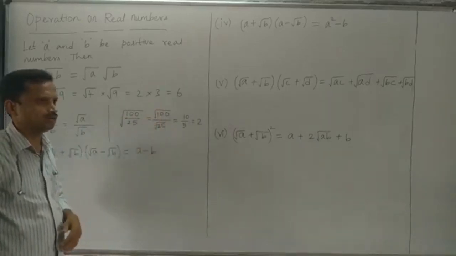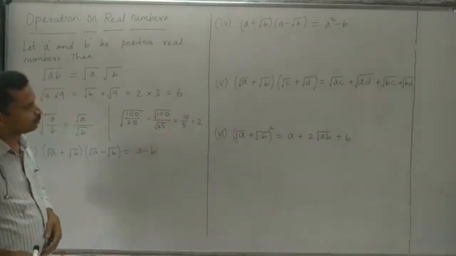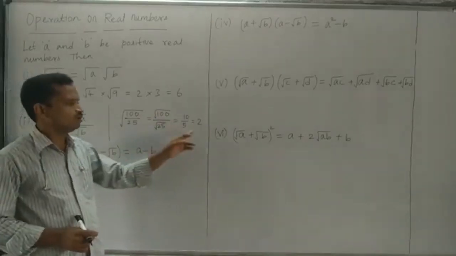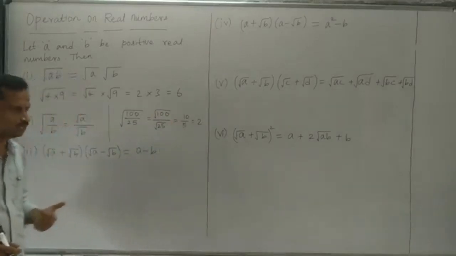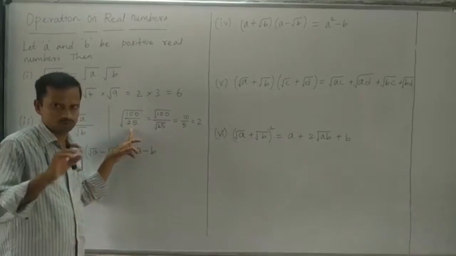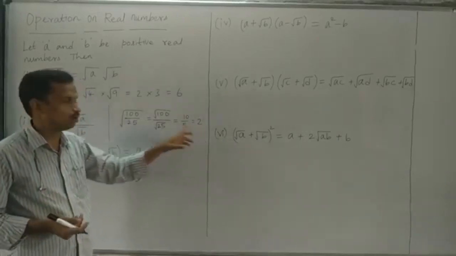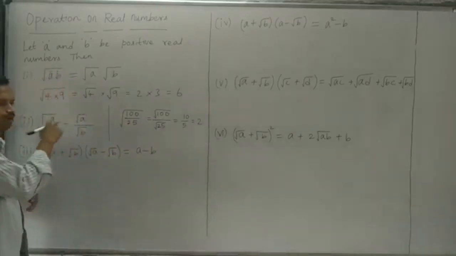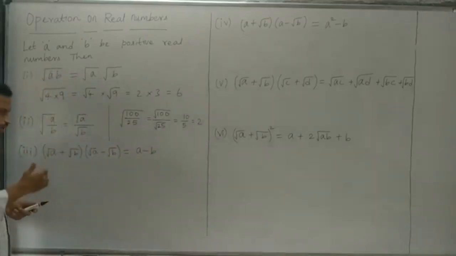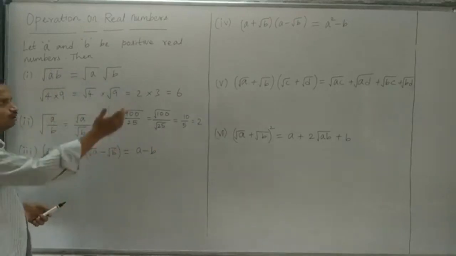And again, root 100 you can write as 10 and root 25 as 5, and 10 by 5 is again 2. Whereas, coming the straight way, 100 by 25 you know is 4. So square root of 4 is what? 2. The answer is 2 only. So this is the formula. Like that we can give any number to all these formulas.